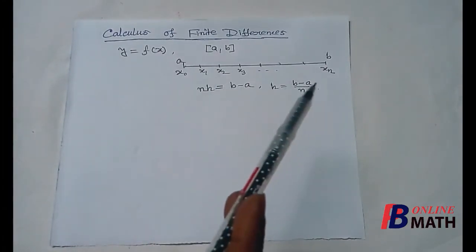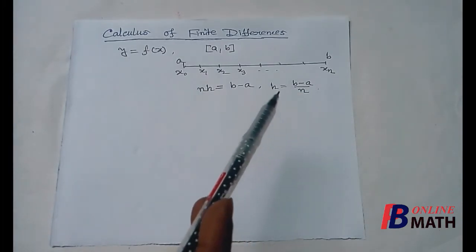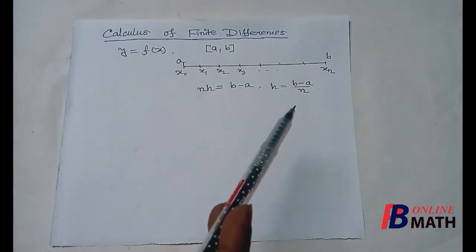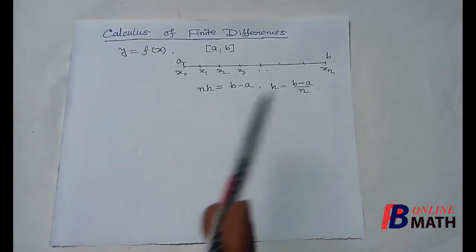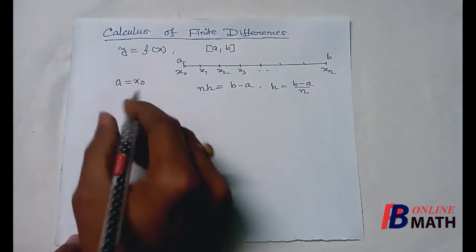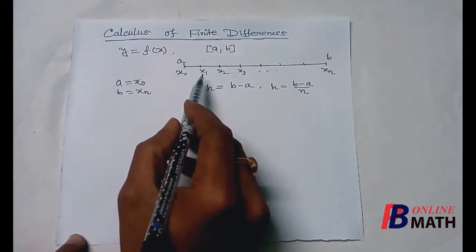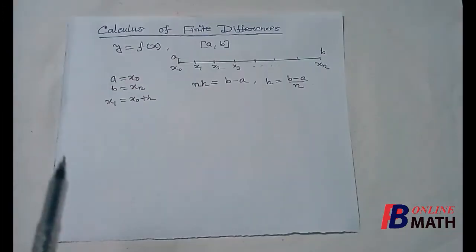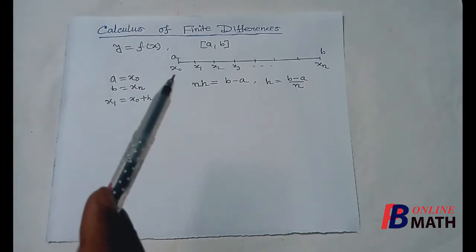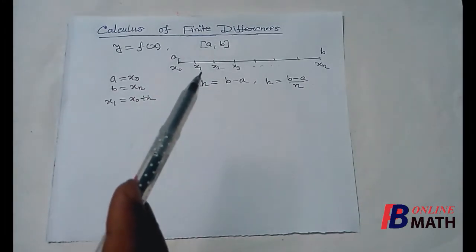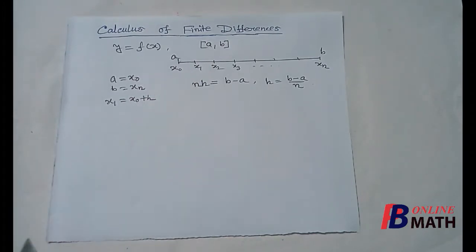So we have broken the interval a to b into n equal parts with the common width (b minus a) by n by these n plus 1 points x0, x1, x2 up to xn. So a equal to x0 and b equal to xn. Now we want to calculate x1. Since h is the distance between any two consecutive points, h is the distance between x0 and x1, so x1 can be written as x0 plus h.